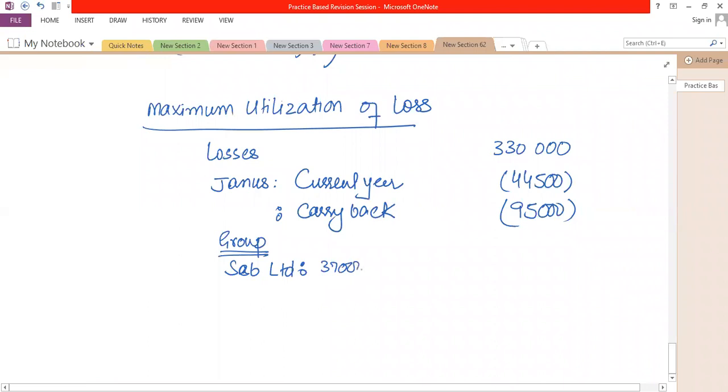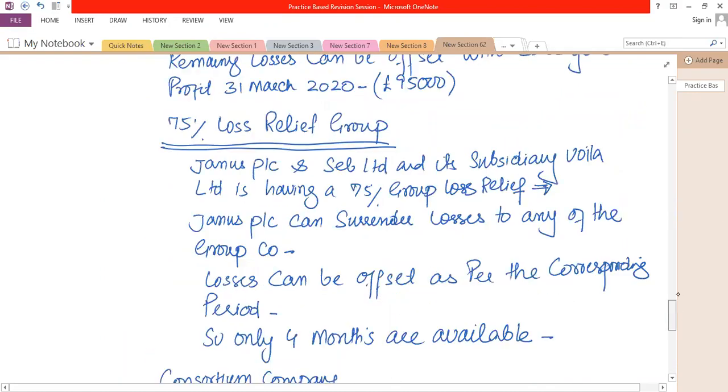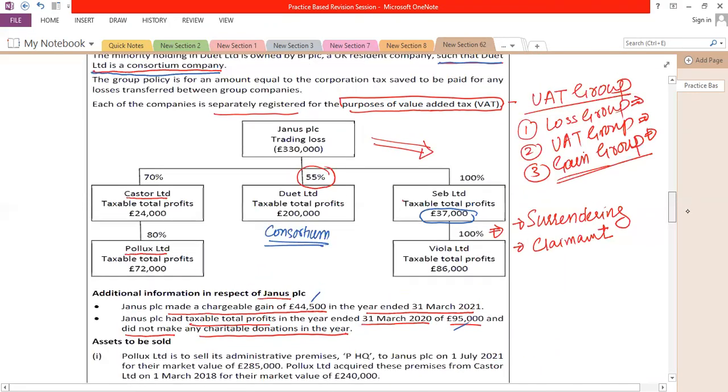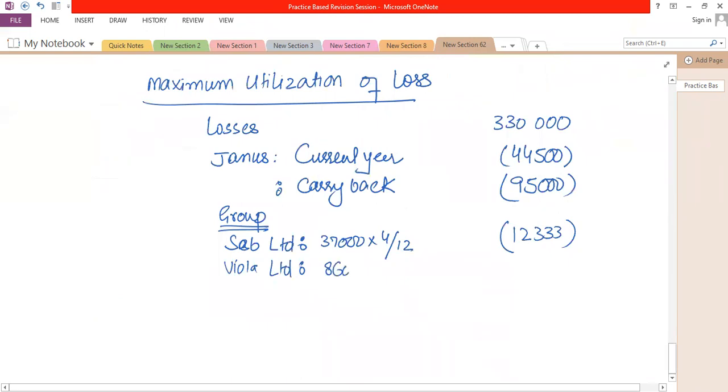So it's 37,000 into 4 by 12, and that would be 12,333. And in the next group company, the same corresponding period. So you can see the same 86,000 of profit into 4 by 12, and that will give you 28,667. There are further losses left.